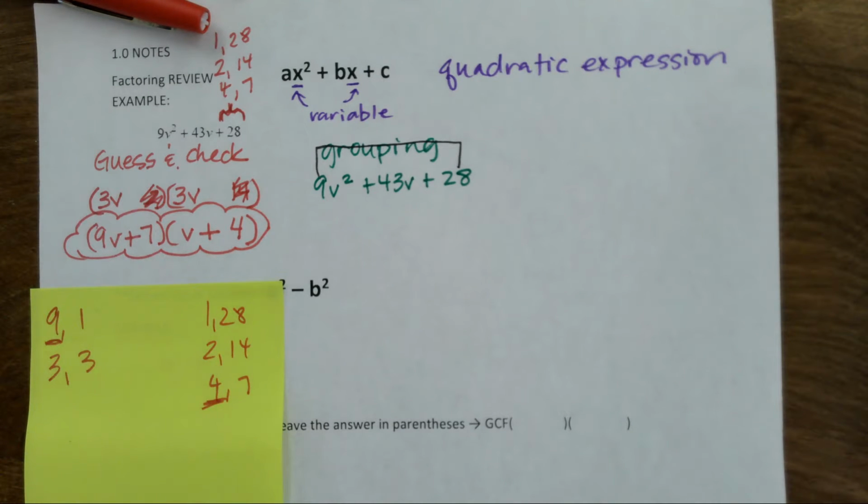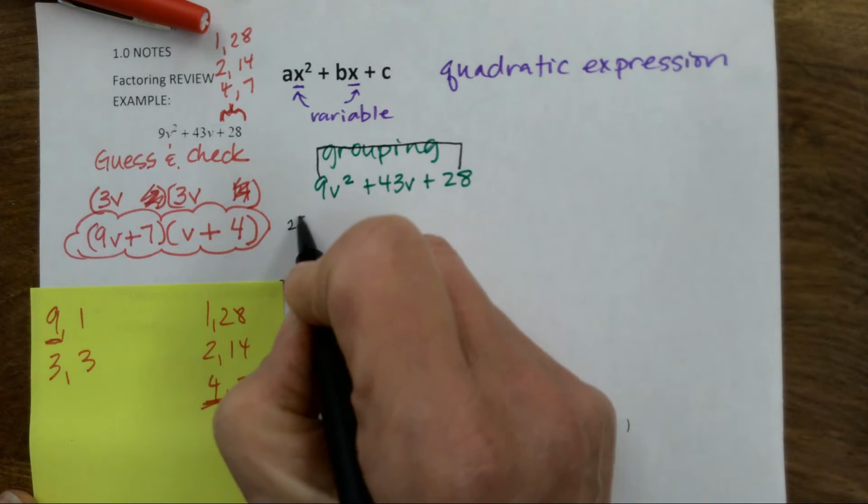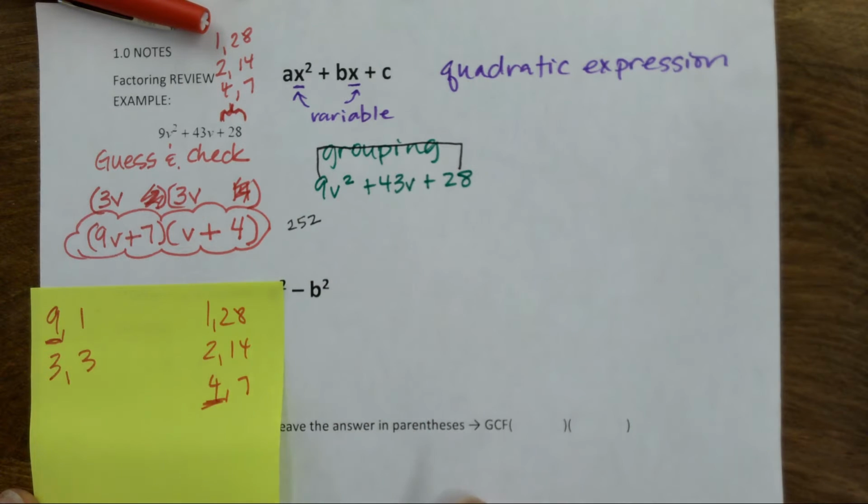So what is the product of 9 and 28? Does anybody have a calculator handy? They can help us out with that one. 252? Okay. So off to the side, I think of 252 as my number that I'm looking at.